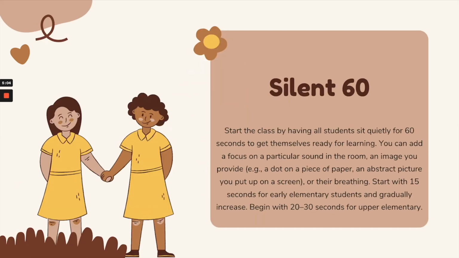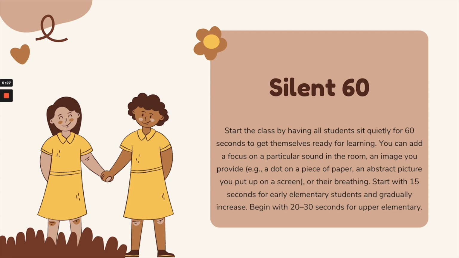First one is Silent 60. With this, you start the class by having all students sit quietly for 60 seconds to get themselves ready for learning. You start with 15 seconds for elementary students, and you can gradually increase. You can begin with 20 to 30 seconds for upper elementary.